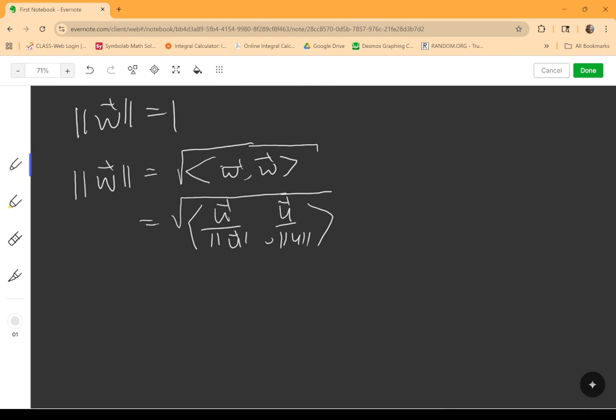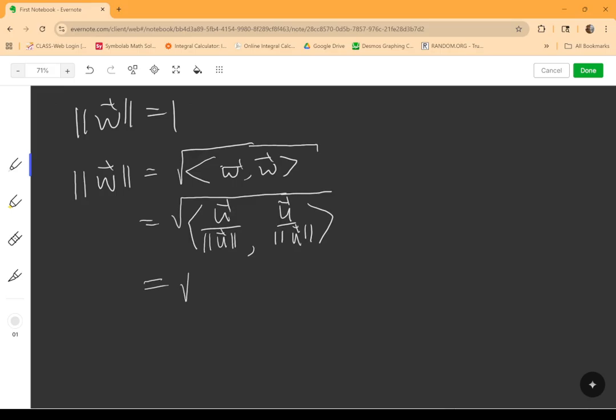Using the properties of the inner product, and remembering that the norm of u is a scalar, just a number and not a vector, the vector here is just the u in the numerator.